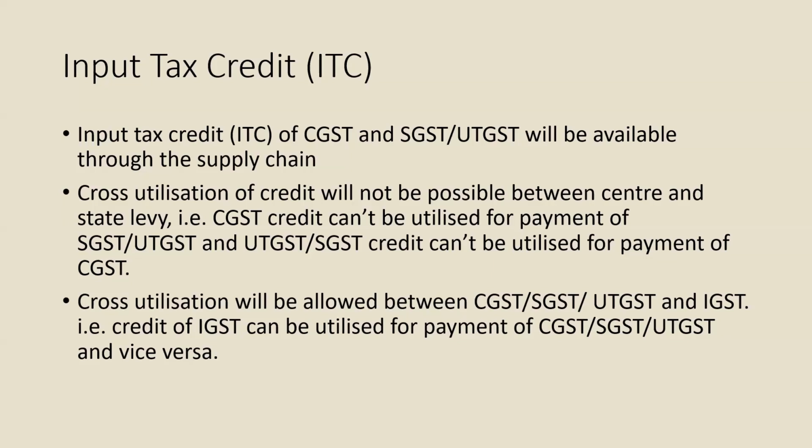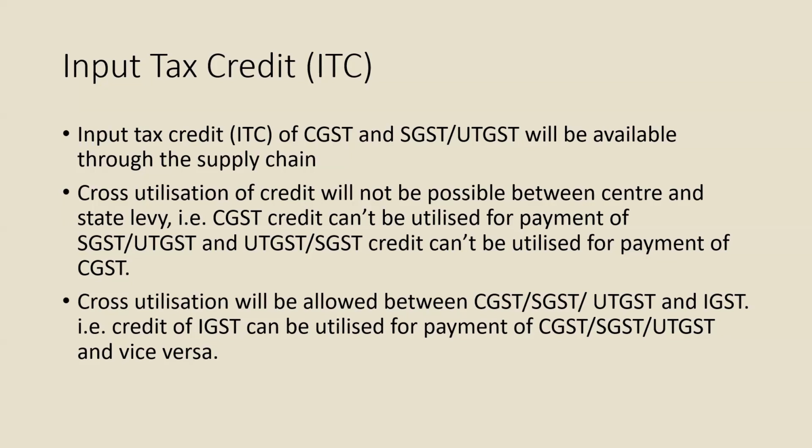The CGST credit cannot be used against SGST, and the SGST credit cannot be used against CGST. So that cross utilization is not allowed. However, if you have IGST credit, then you can set it off against an IGST or CGST or SGST liability.